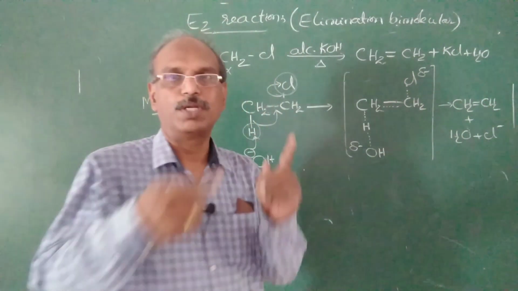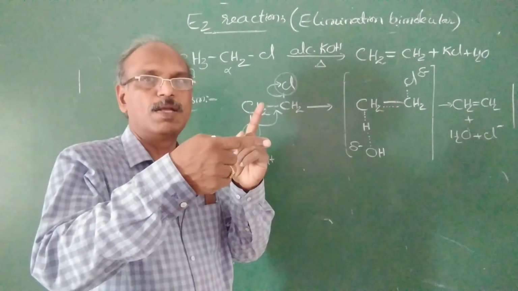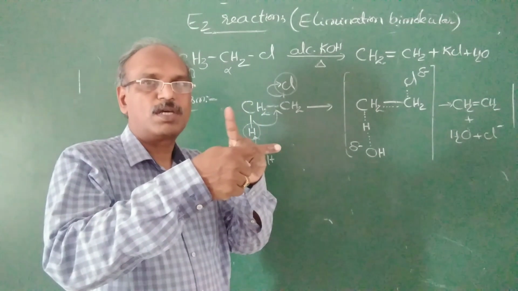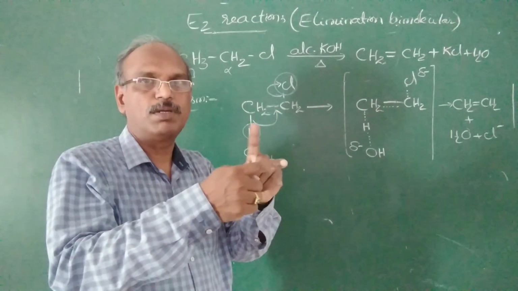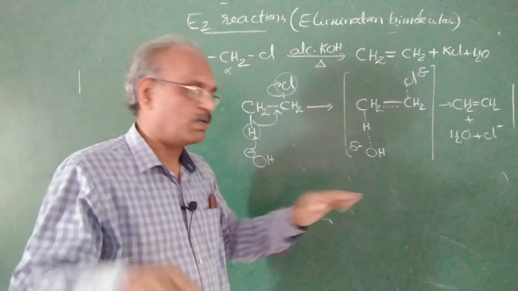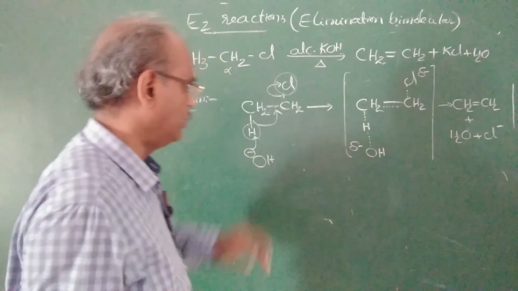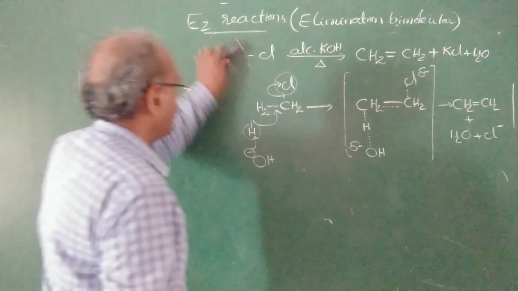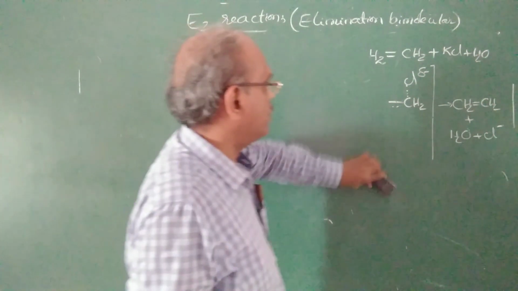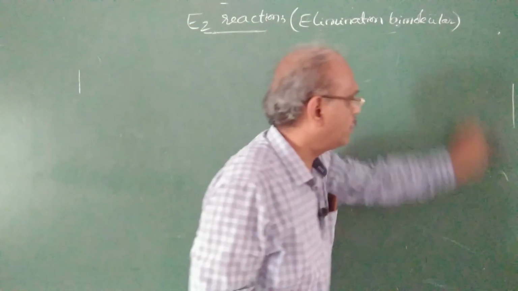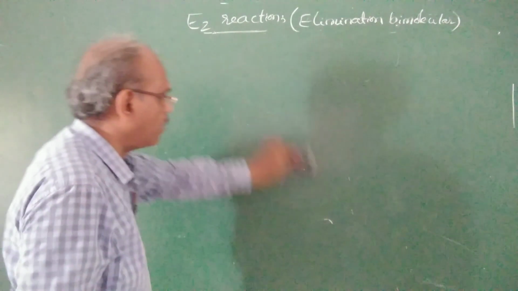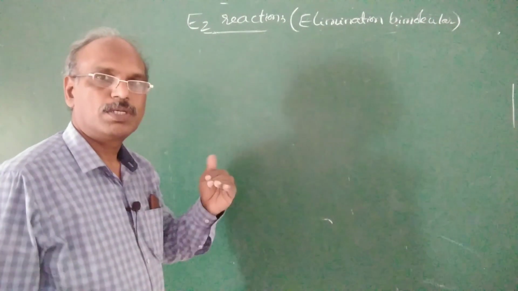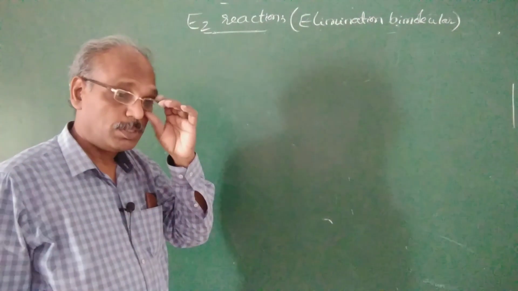As I have shown, if they are in different planes, new orbitals are formed in different planes, and sideways overlapping is not possible, so a pi bond is not possible. That's why, for an E2 reaction, the necessary condition is coplanarity of leaving groups with the carbon atoms to which they are bonded.